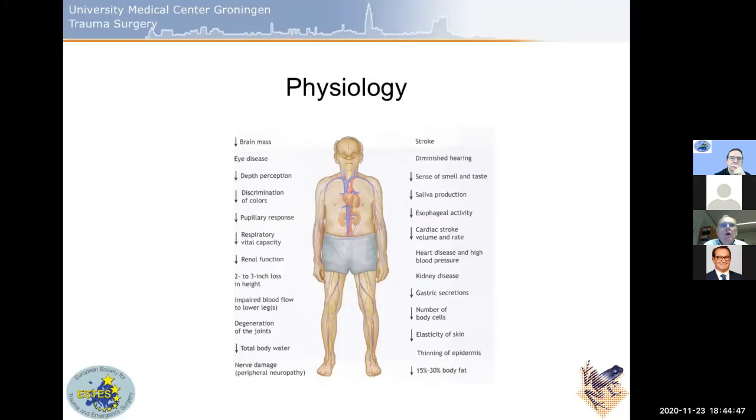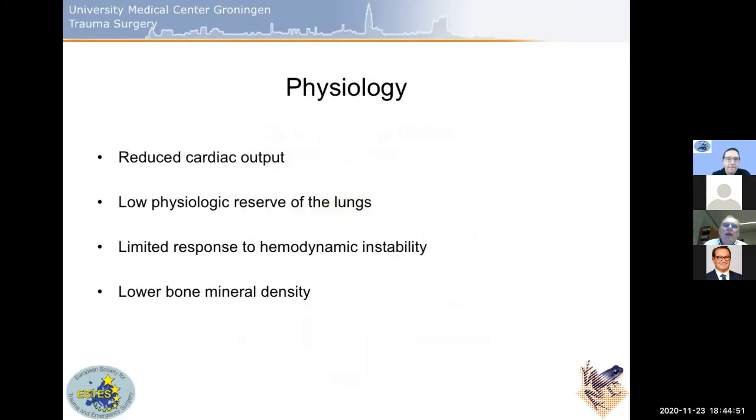We mentioned it earlier, and in summary, it's a reduced cardiac output, low physiological reserve of the lungs, and limited response to hemodynamic instability. What Tina mentioned: even if a patient doesn't bleed, he can get unstable. And we have problems with low bone density, which means problems for stabilization.